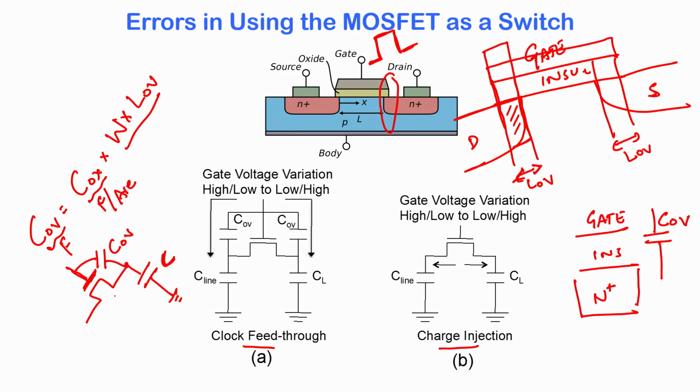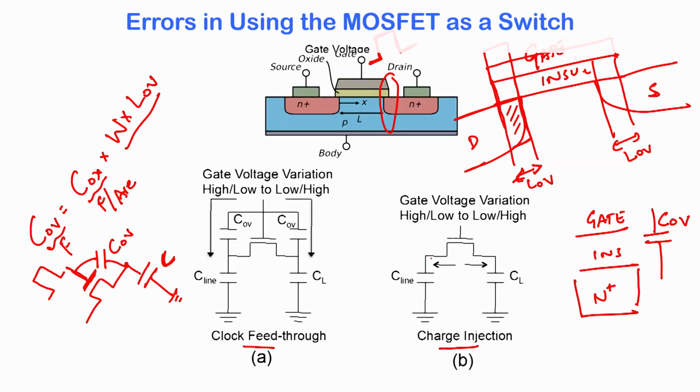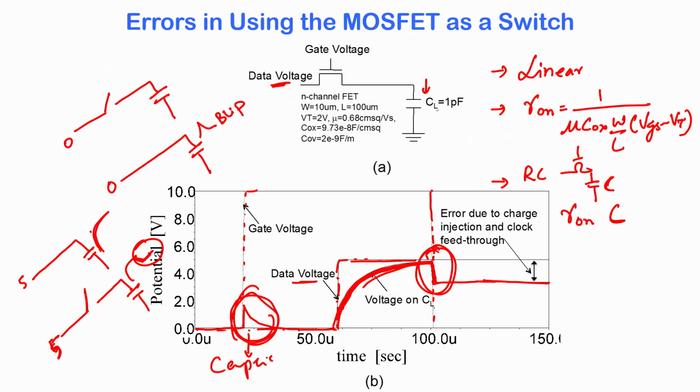And now from this circuit you see that when you have a gate voltage that is fluctuating, we saw that when the gate voltage went up we saw this blip, when the gate voltage came down we saw another blip. So, when the gate voltage goes up and down, you have a transient or time varying voltage across these series capacitors, which is C overlap and your load capacitance, that is your CL.